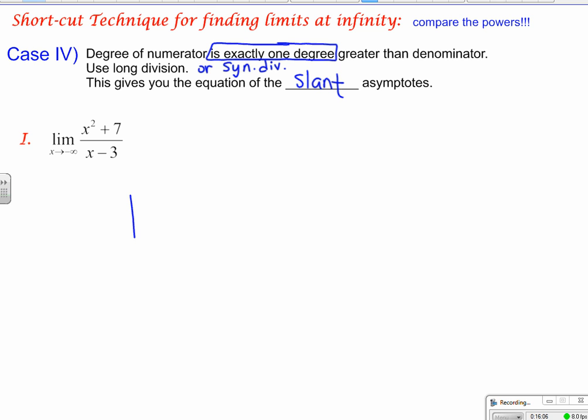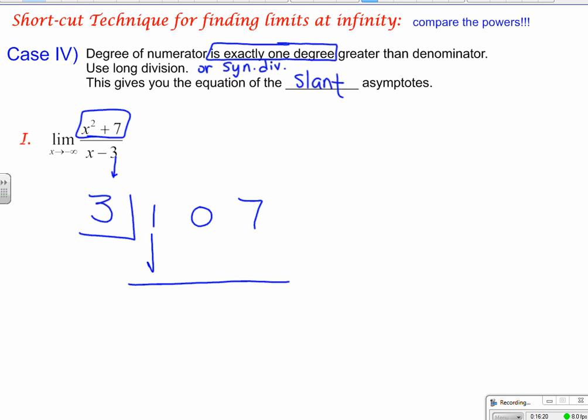So we can go into synthetic division. There's my number that goes in the box. Copy your coefficients down, putting a placeholder in for the x term that didn't exist up here in the numerator. Drop your 1, multiply. 3 times 1 is 3. Add these values. Gives me 3. Multiply. 3 times 3 gives me 9.